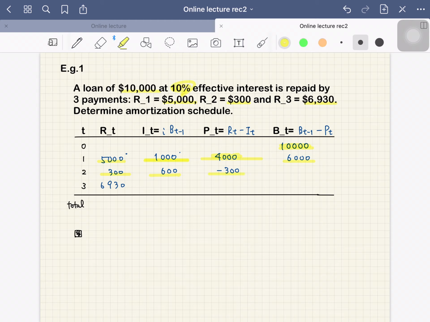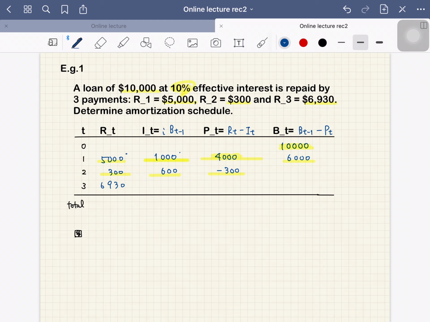This kind of payment is possible, especially the financial crisis in 2008. Some loans have interest more than the total repayment. So of course many people could not pay off the loan, and it caused the financial crisis. Okay, so principal has been increased by $300.